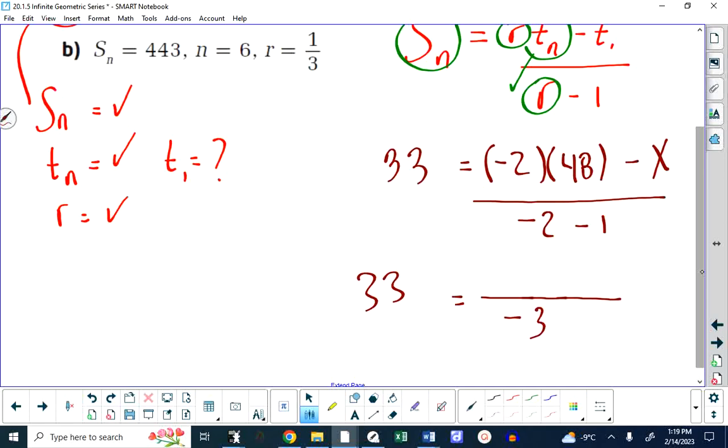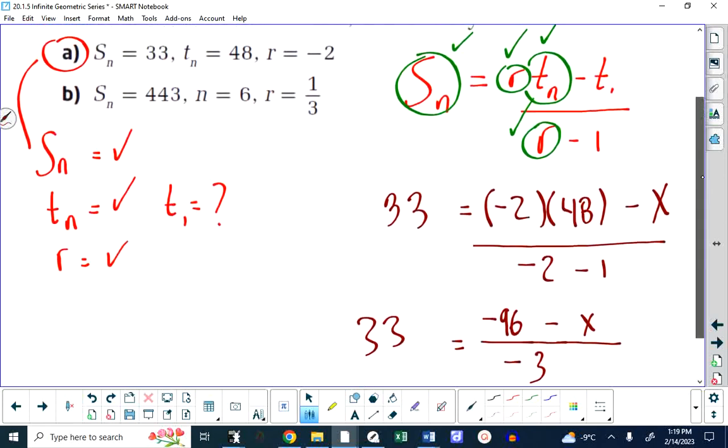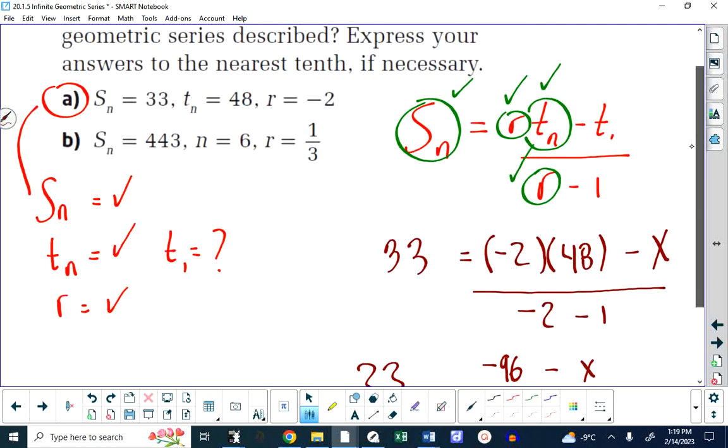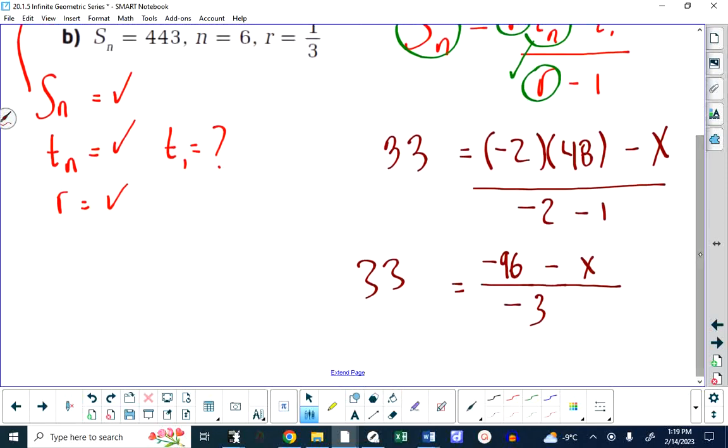Okay, so we get negative 96 minus x. Oh, look at what's happened here. Look at where the problem started. It turned into using that red formula, which turned into the first brown equation, which turned into the equation that we're at now, which is a lot simpler. We're almost at a grade 7, 8 level now.